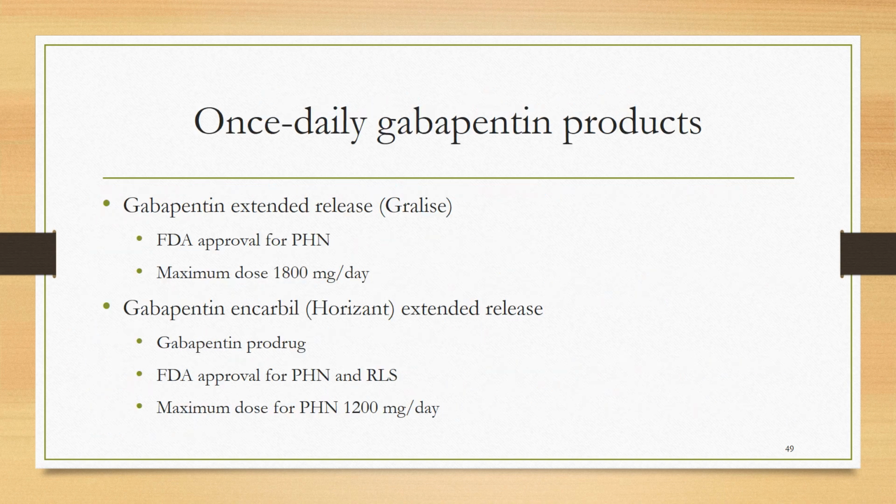And then we have our products with it. Typically, we have a generic, which is given multiple times a day. There are some once daily products approved. They're expensive. Their FDA approval varies. In general, you're probably just going to use the generic gabapentin. Reserve these for somebody with that Cadillac insurance who wants a once daily option.